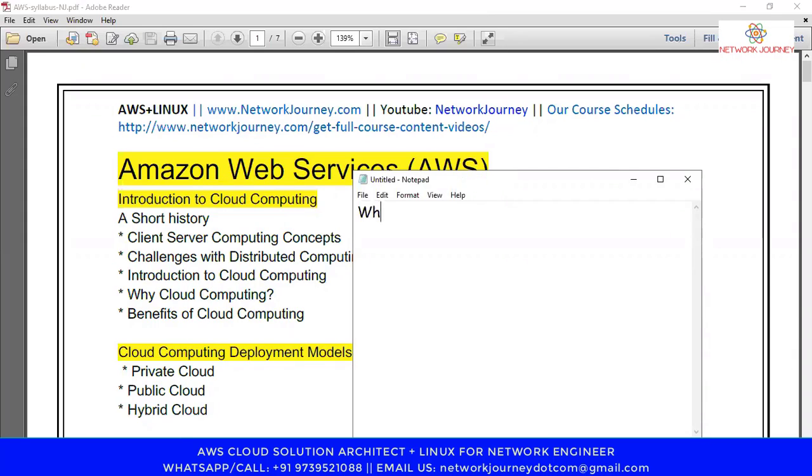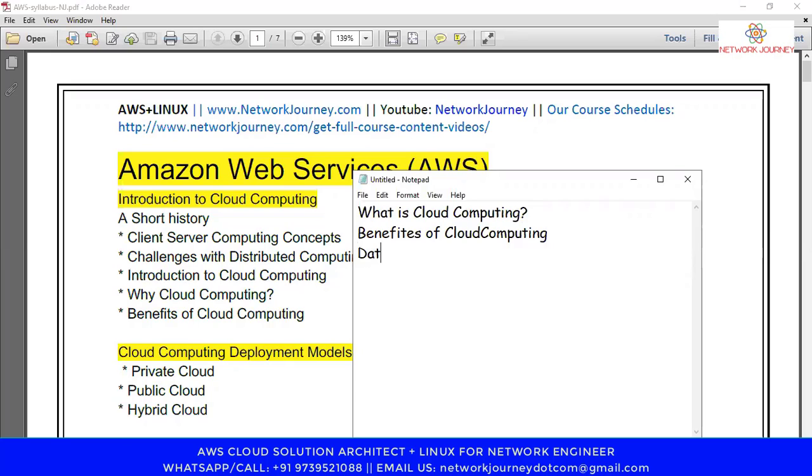Before that, we learned what is cloud computing, and as you said, what are the benefits of that. Because of the benefits, we move into the cloud. I explained this by the context of the data center.